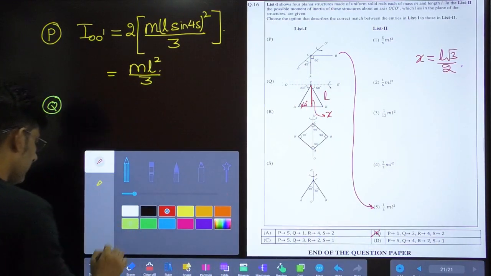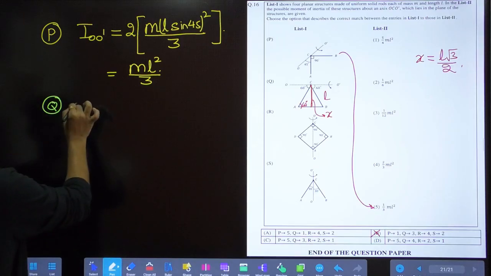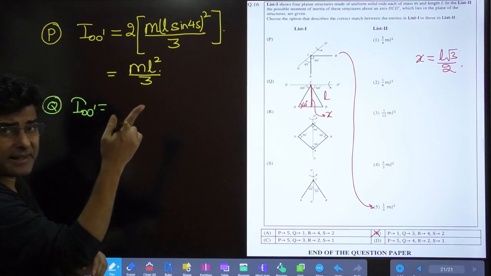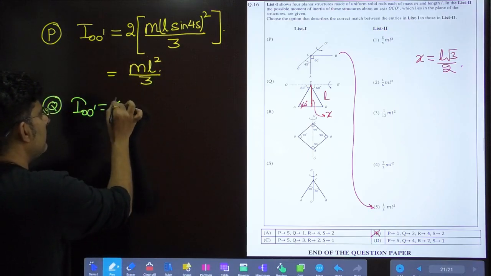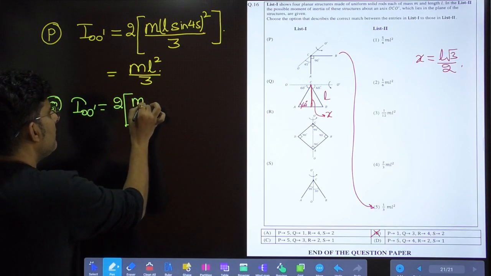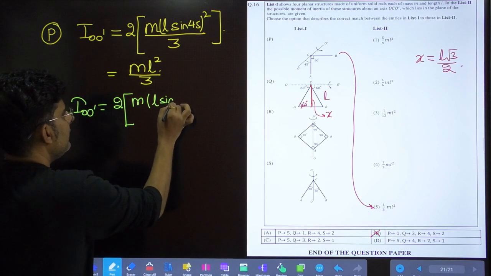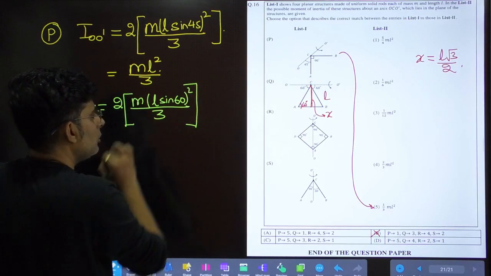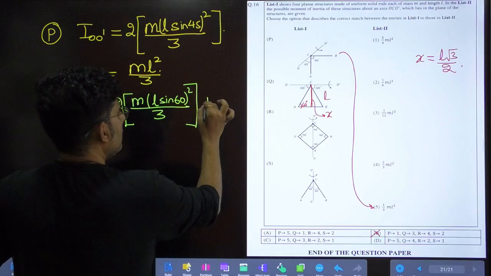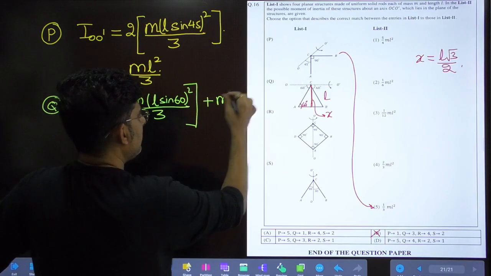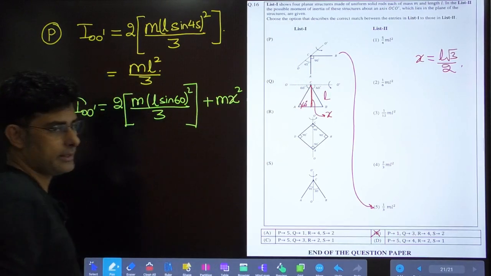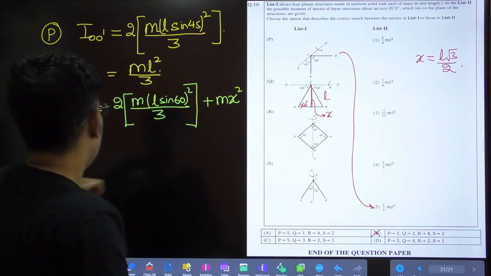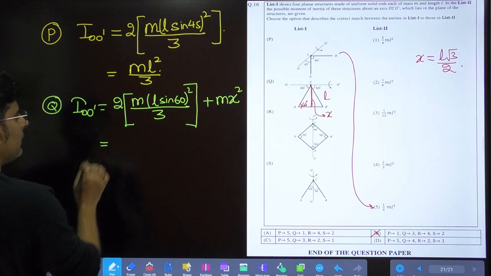So what we can simply write here for Q, I OO dash. 2 rods, it is end axis making 60 degree just like the previous one. 2 m, L will be replaced by L sin 60 whole squared upon 3 for 2 rods. Now one rod which is parallel to the axis, you will simply write mx square. And what is x? X is L root 3 by 2. So let's substitute the values.